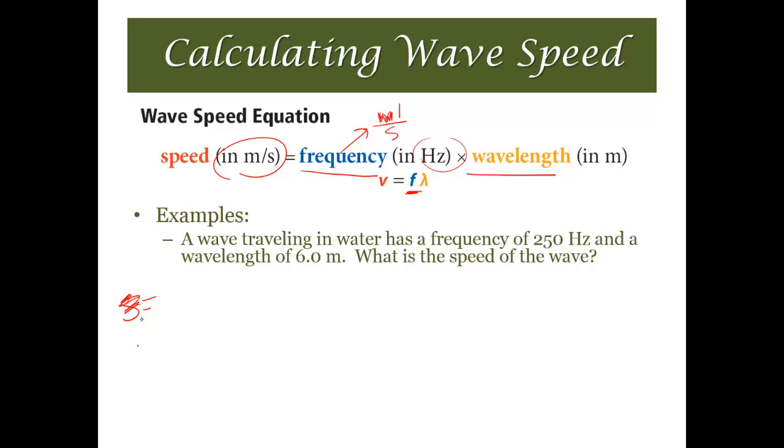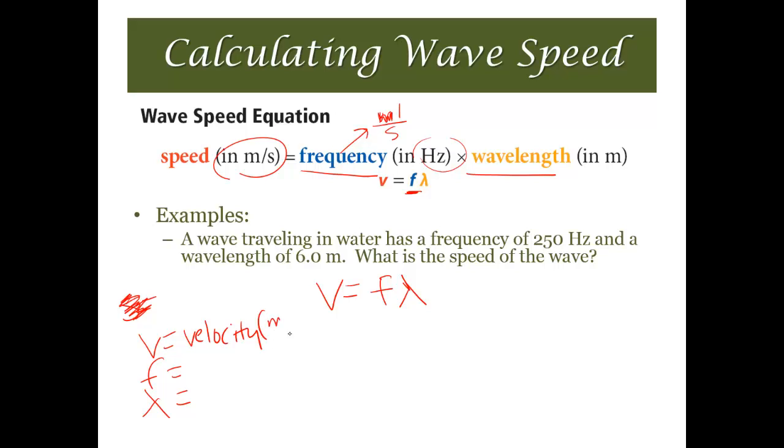So our equation is V equals F lambda. V stands for our velocity or speed in meters per second.